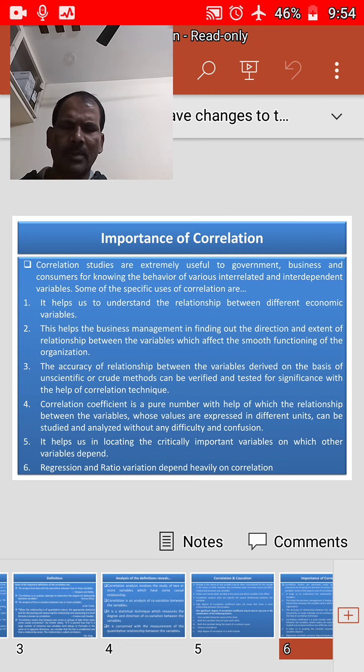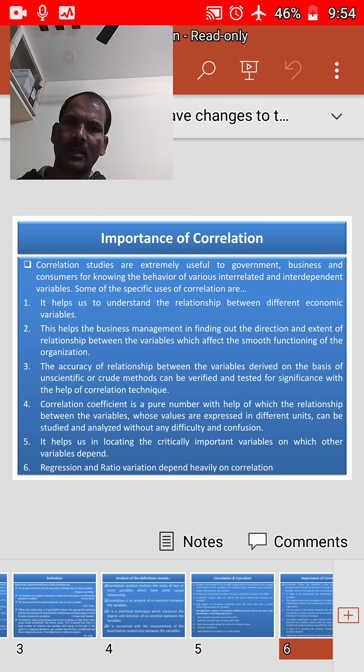Maybe intuition sometimes may be correct, but it may not be correct always. But that is not more reliable, whereas statistical measure of correlation would be more reliable than intuitions, right? Of course, these are also maybe predictions, but they are based on some scientific evidences, right?